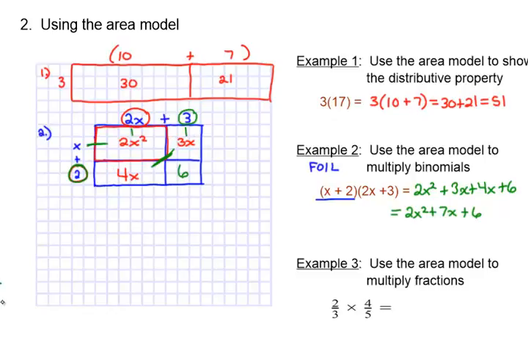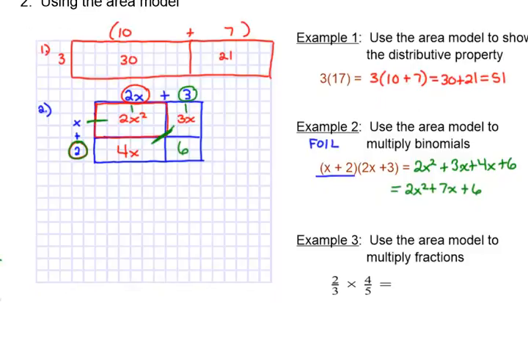Okay. All right, and now the last one is multiplying fractions. So to use the area model to represent fractions, let's say I have 2/3, and I want to take times 4/5. So 2/3, I have 2 out of 3 pieces here, and I'm going to have 4/5 over here.